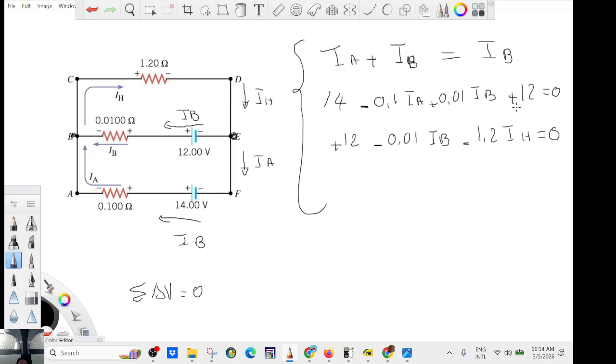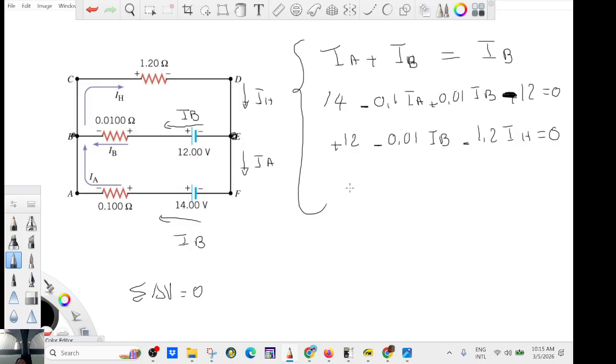Which one? This one? No. This one? I'm lost. Okay, so this one, 14 minus, and then here it's a plus, and that's a minus. Thank you, because you go from plus to minus. Is that right now?